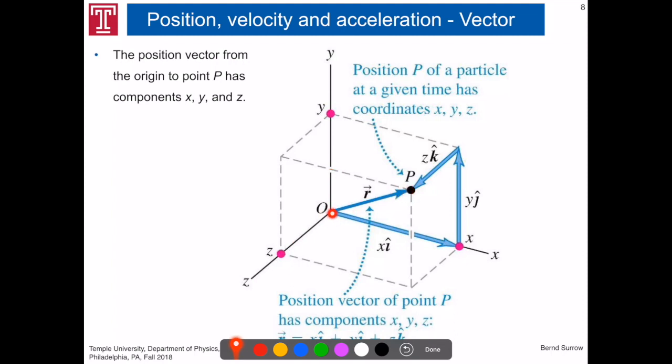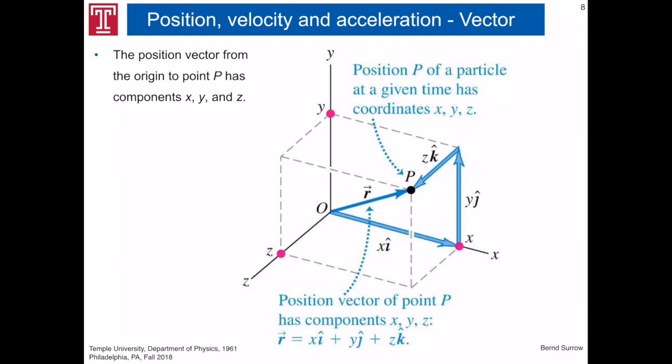You see here that the vector points from the coordinate origin to that point P, characterized by coordinates x, y, and z. The vectorial description of that vector is shown here on the bottom, xi plus yj plus zk.